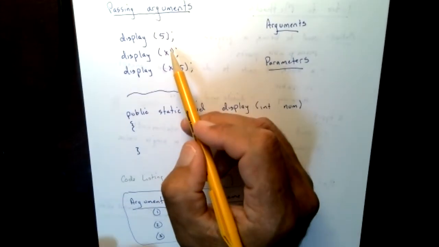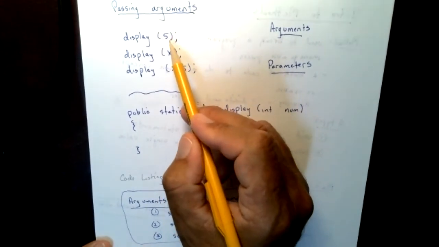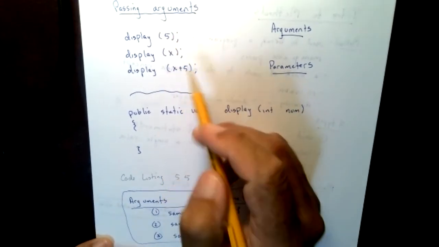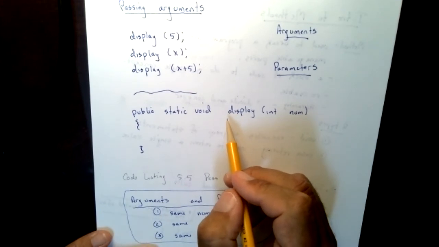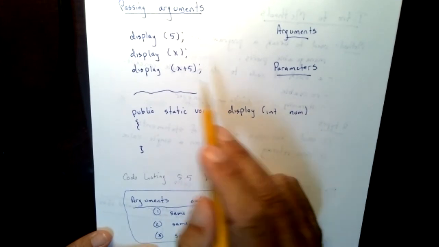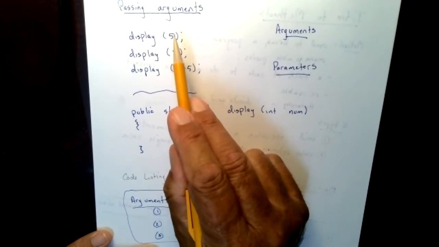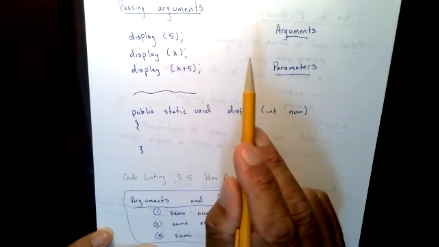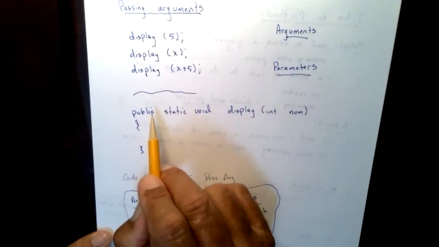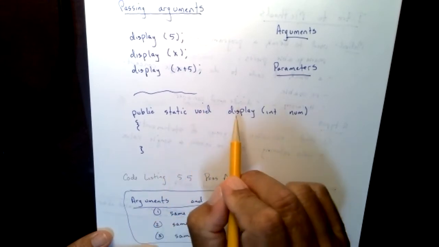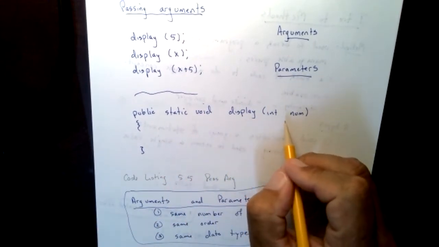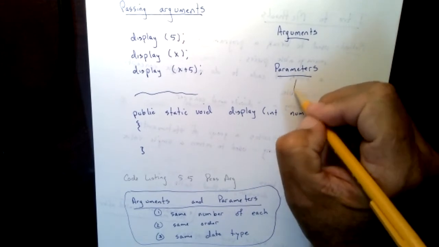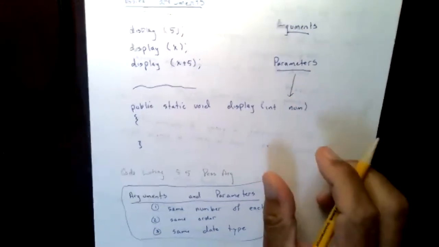Now those are called arguments, and if I'm sending a value over, in my heading I have to catch it. So this display 5 has 5 flying through the air. And now when I get down to public static void display, I'm receiving this 5. And this is where I have my parameter list.